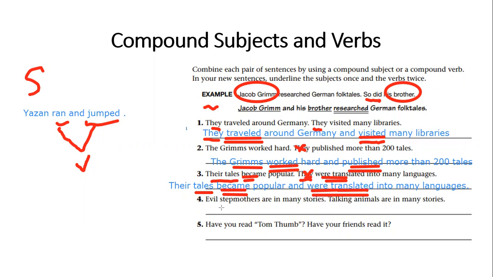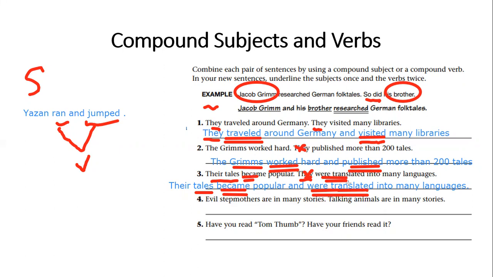Number 4. Evil stepmothers are in many stories. Talking animals are in many stories. Good. So we're having here evil stepmothers, and here talking animals, right? So the subject here is different, and "are in many stories" is one. So here we're going to combine the subject.